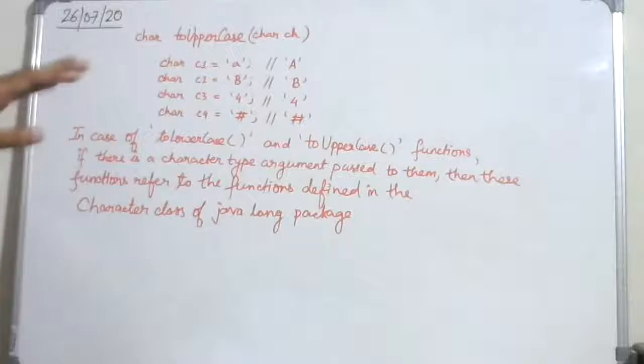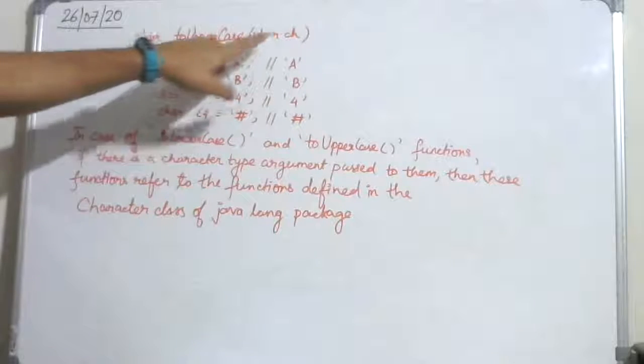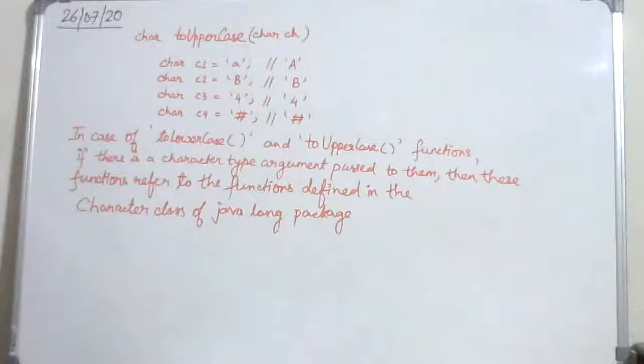In case of the character functions being called, there will be a character type argument being passed to the function. So that is how to differentiate between whether we are calling the version that is defined in the character class of java.lang or the version defined in the string class. The string class version does not take any arguments, whereas the character class version takes a character as an argument. Okay.